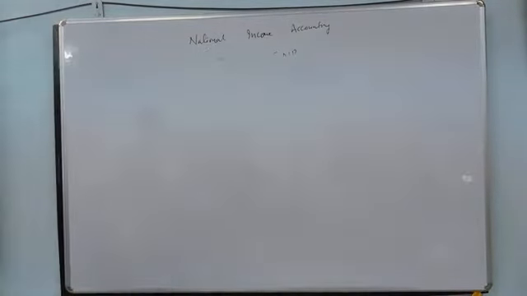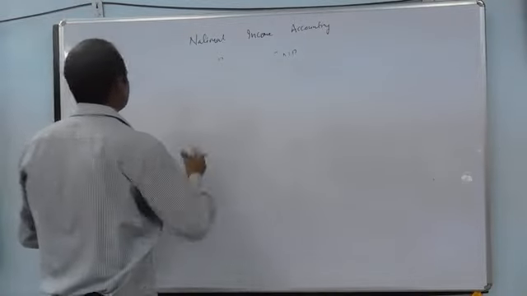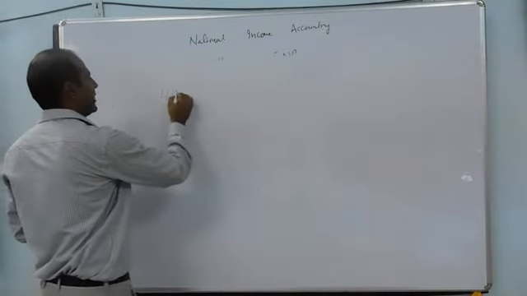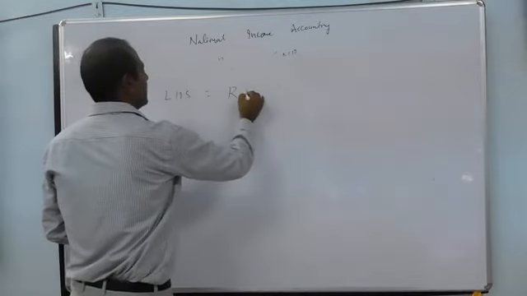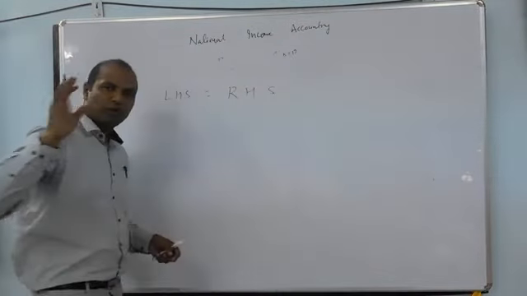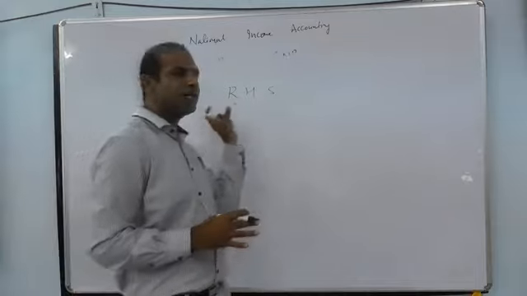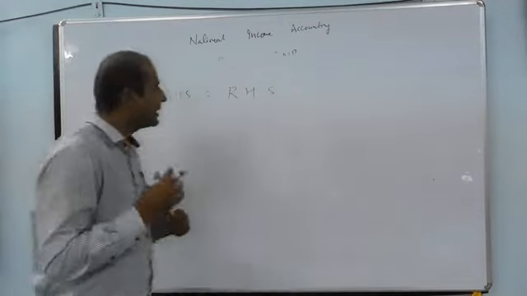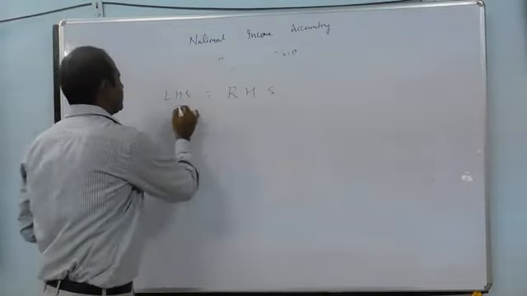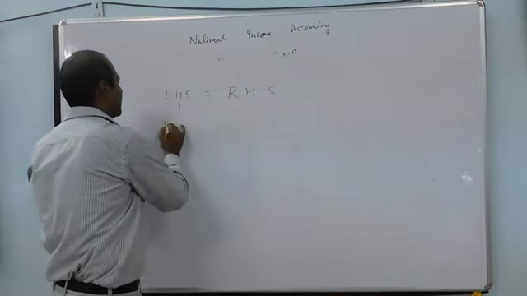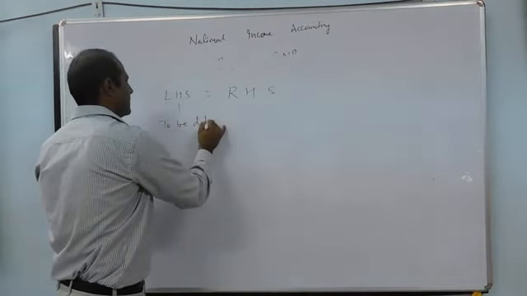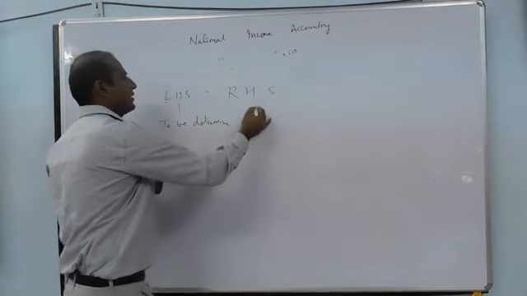First of all, left hand side is equal to right hand side. You have to remember this identity. Whatever is to be determined goes on the left, and whatever is given goes on the right.